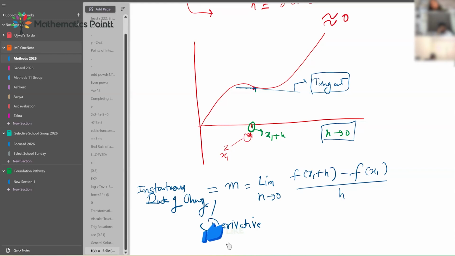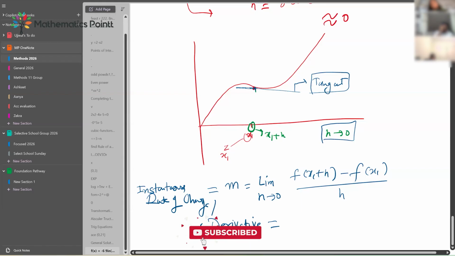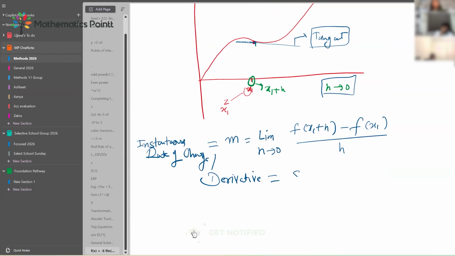What is this derivative? This derivative is also the slope of what? The tangent, not the secant. Slope of the tangent. Where is that tangent drawn? At a point. Where is that point? On the curve.